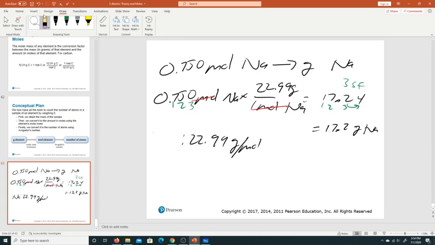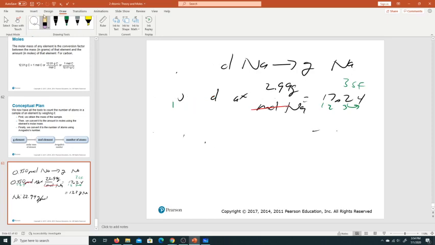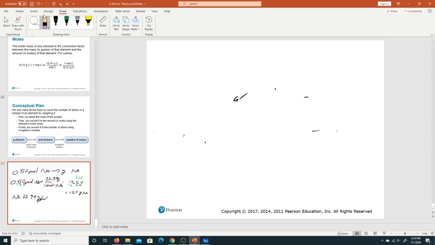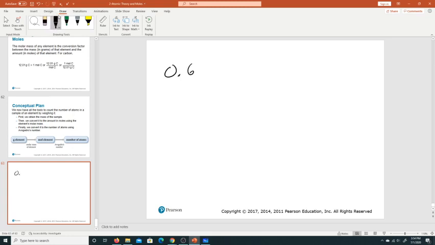Now, how does Avogadro's number come into play with this? What if you want to convert, for example, moles to atoms? So maybe we've got 0.6200 moles of Na. I want to convert this to atoms of Na.